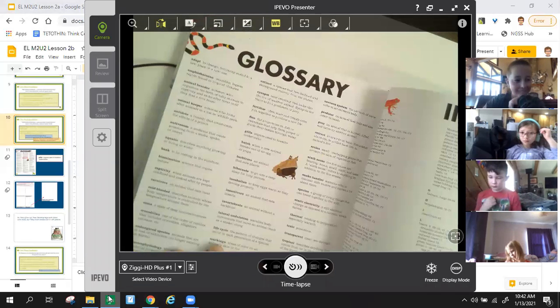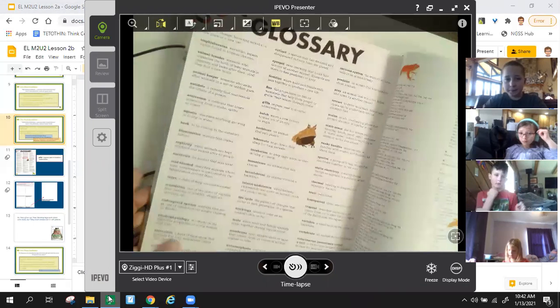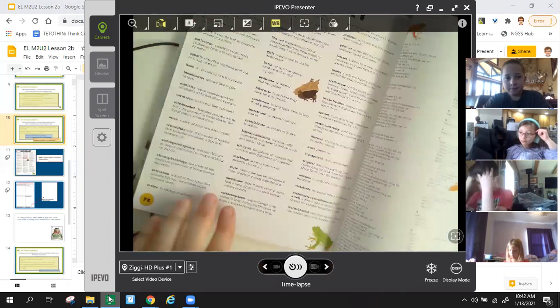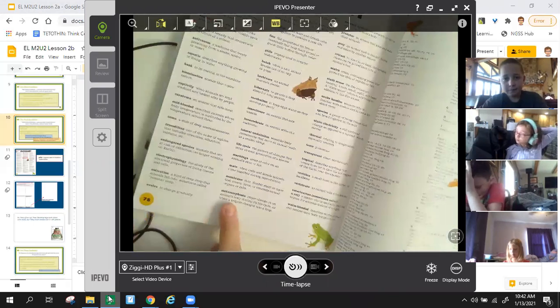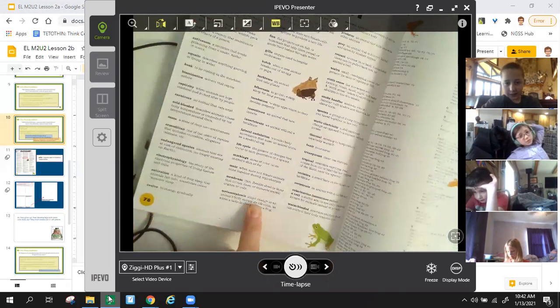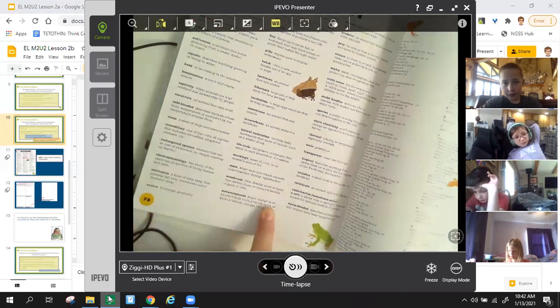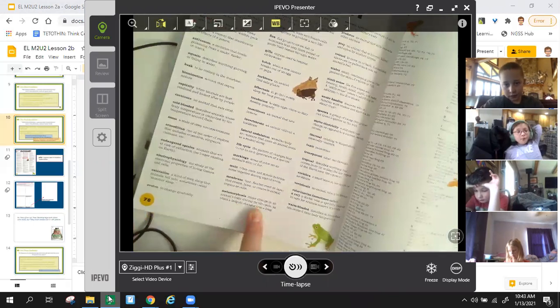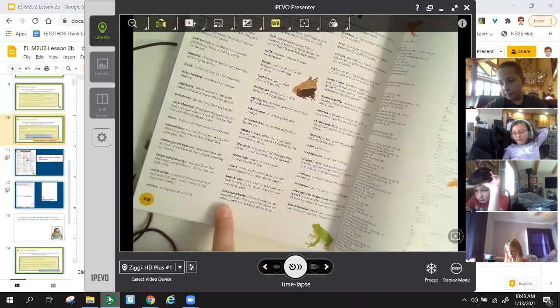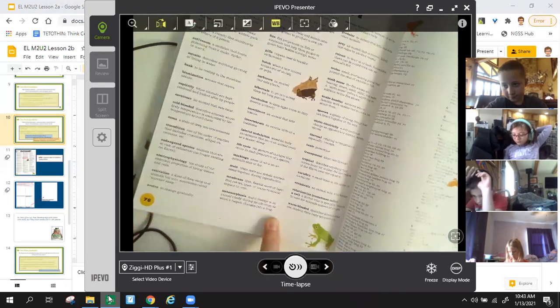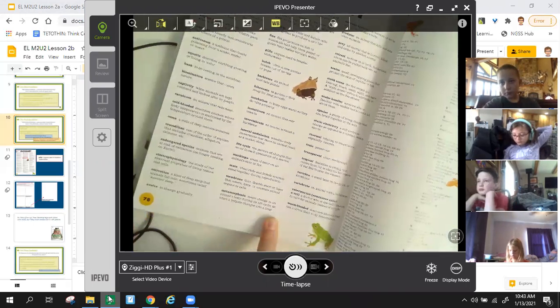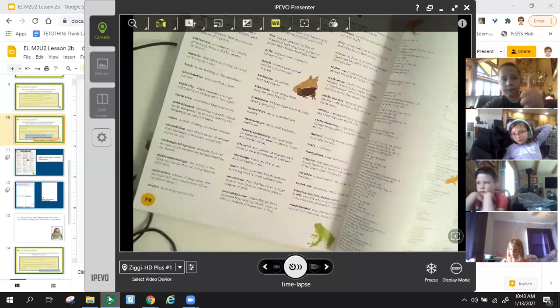So if I didn't know what metamorphosis was and I wanted to find it, I would head to that text feature that has metamorphosis. I'll look at it. Here's: major change in an animal's body during its life cycle, as when a tadpole changes into a frog. Do we know any other animals that go through metamorphosis?